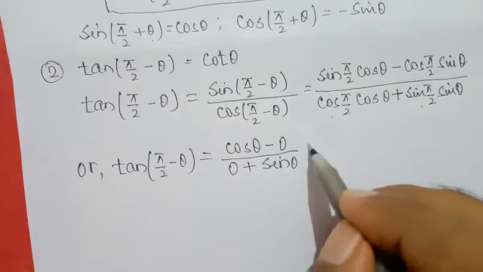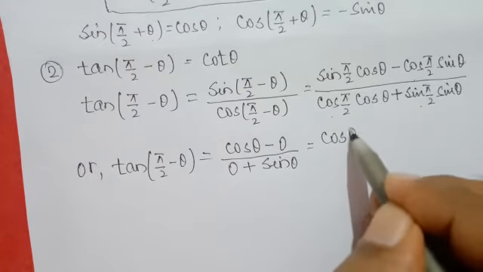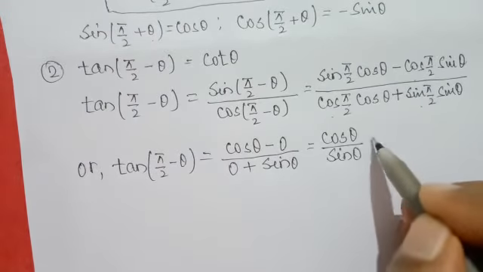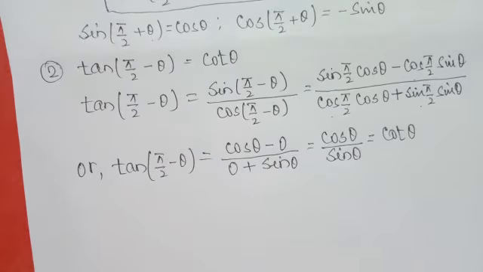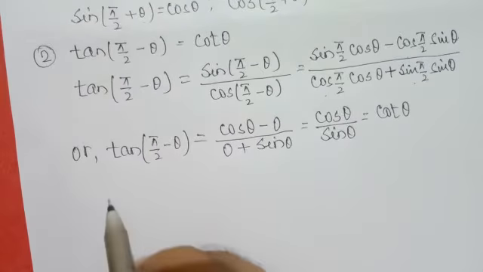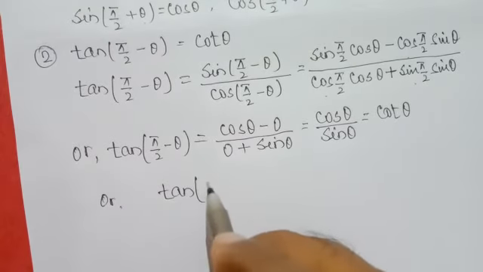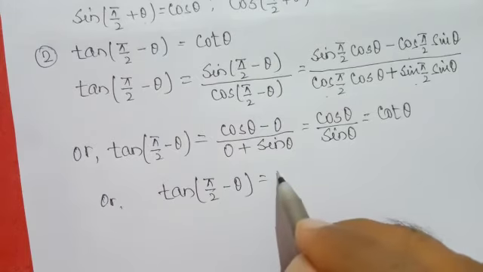So it should be cos theta upon sin theta, and you know cos theta upon sin theta is cot theta. So tan 90 degrees or pi by 2 minus theta is equal to cot theta.